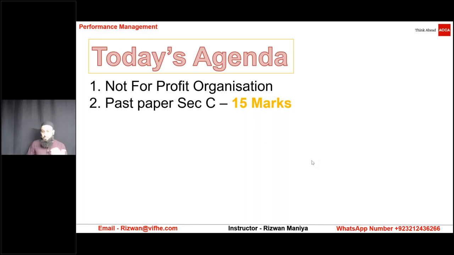If you just observe the past papers that are available on the ACCA platform, you will not find any question that relates to not-for-profit organization. That's strange because we need to have questions like these so that we can tackle them in the examination.